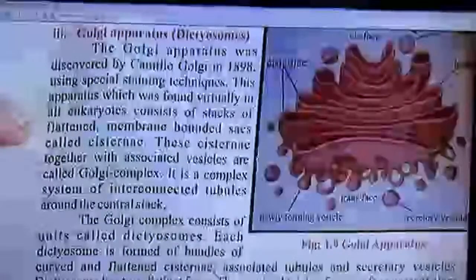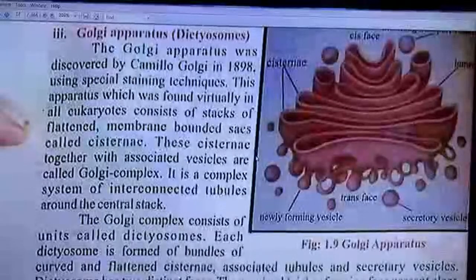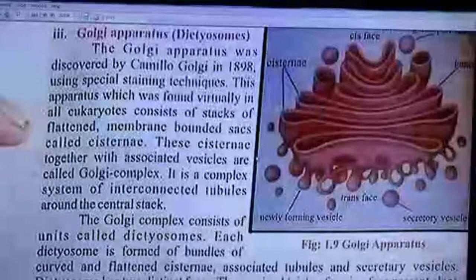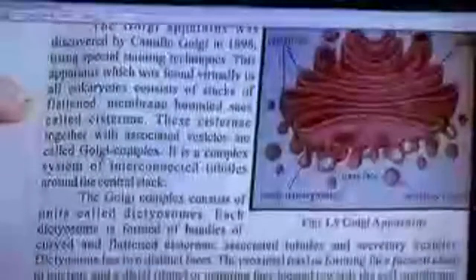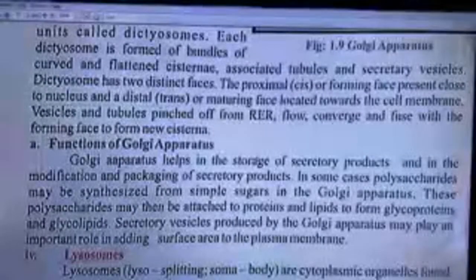These cisternae, together with associated vesicles, are called the Golgi complex, with interconnected tubules around the central stack. The Golgi complex consists of units called dictyosomes. Each dictyosome is formed of bundles of curved and flattened cisternae, associated tubules, and secretory vesicles.